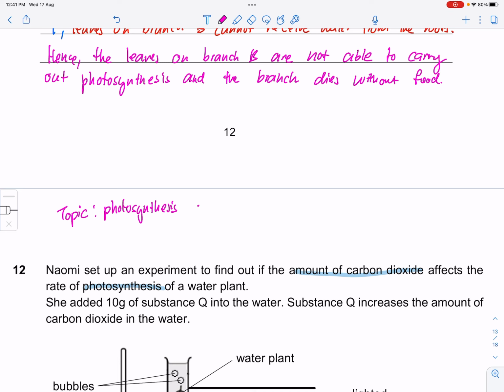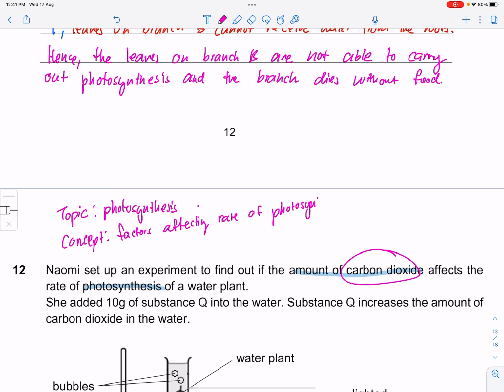Okay? So the concept that is being tested here is also pretty obvious. They tell you already, amount of carbon dioxide. So they're testing you on factors affecting rate of photosynthesis.